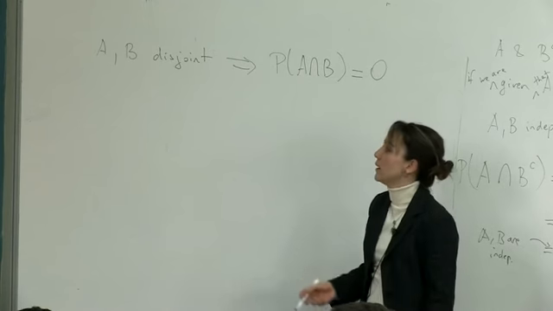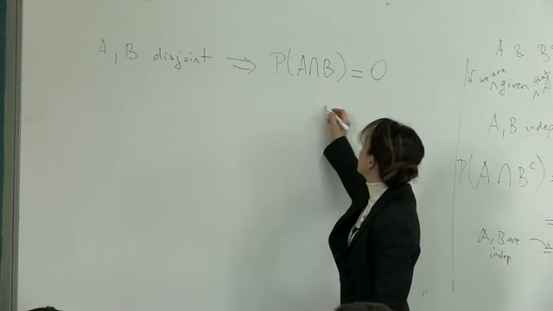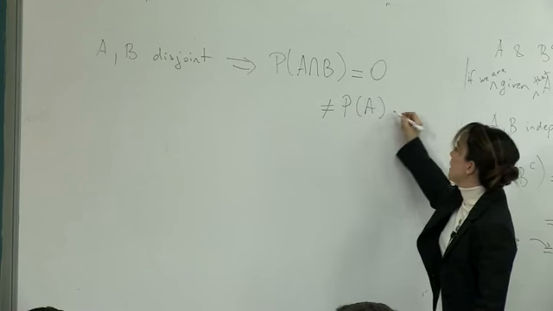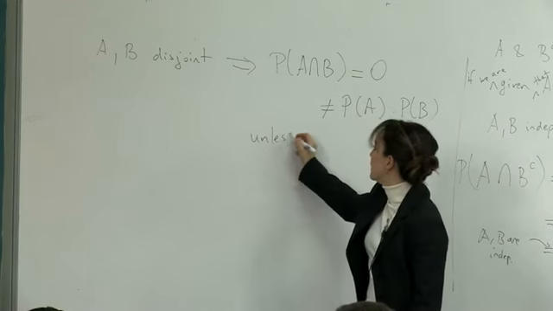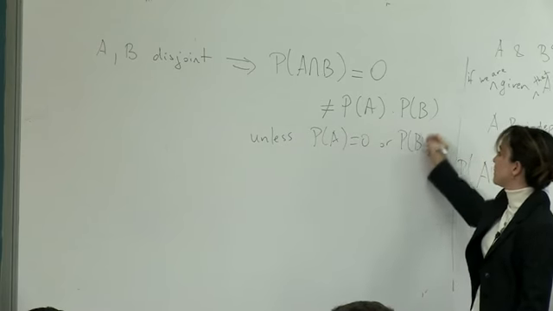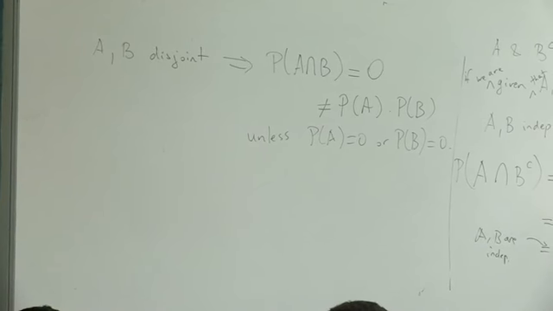In general, this is not equal to the probability of A times the probability of B unless P of A is 0 or P of B is 0. So this shows us that events that are disjoint are always dependent.